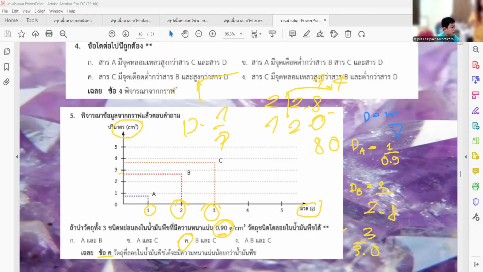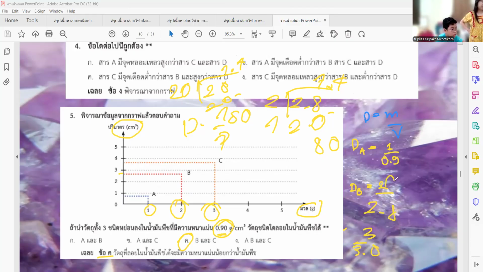Now B and C. 2 divided by 2.8. You still have to multiply by 10 both top and bottom, so you get 20 divided by 28.